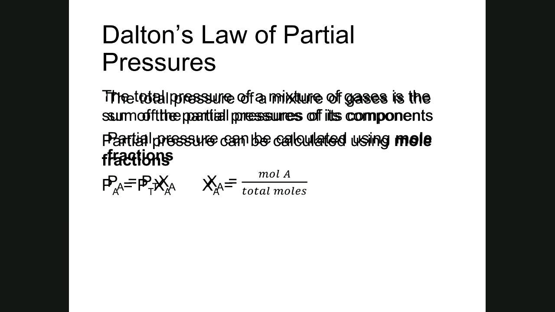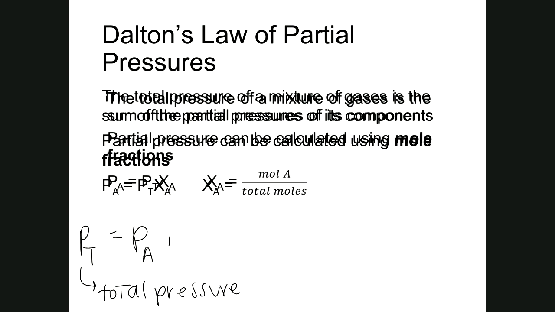So the way that we tend to write this is that PT, which stands for the total pressure, is equal to the partial pressure of gas A plus the partial pressure of gas B plus the partial pressure of gas C, etc., depending on how many components there are.